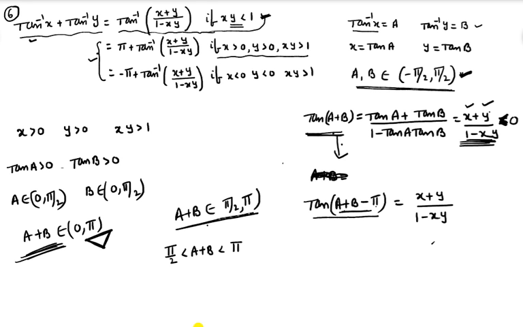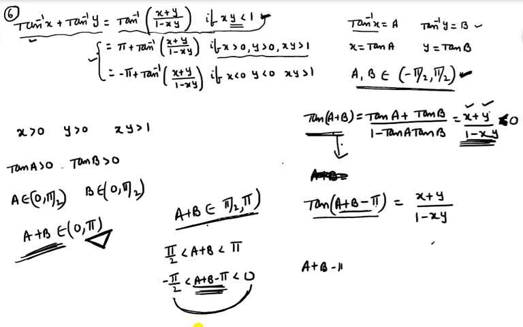Now subtract pi, you will get minus pi by 2 less than a plus b minus pi less than 0. Now you can check a plus b minus pi is in the principal branch, because the tan principal branch is the open interval minus pi by 2 to pi by 2. So a plus b minus pi is in the principal branch, minus pi by 2 to 0.